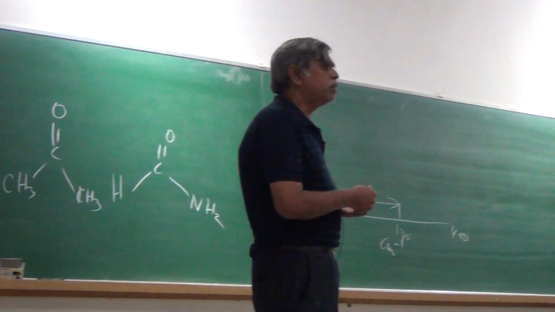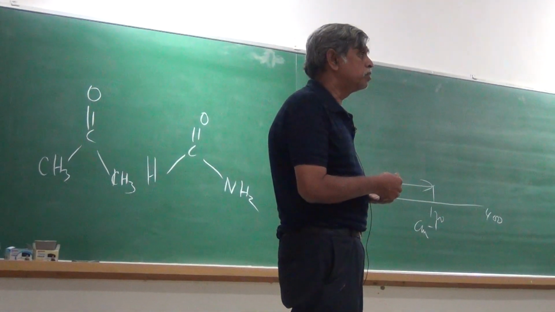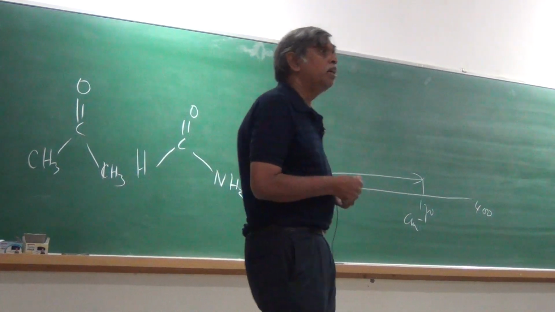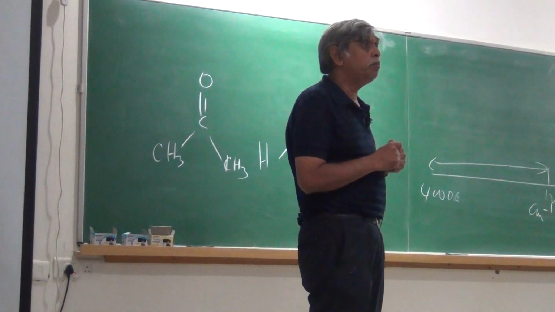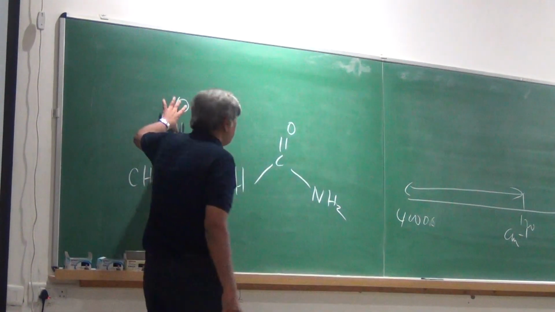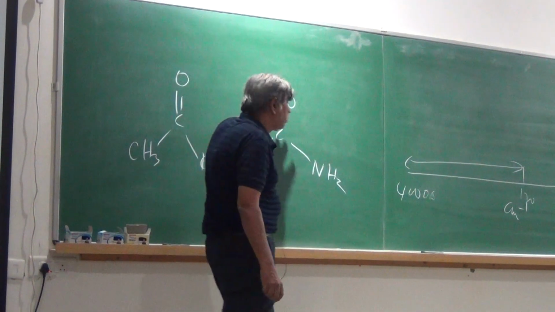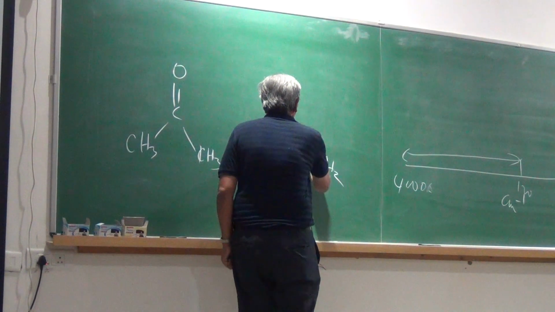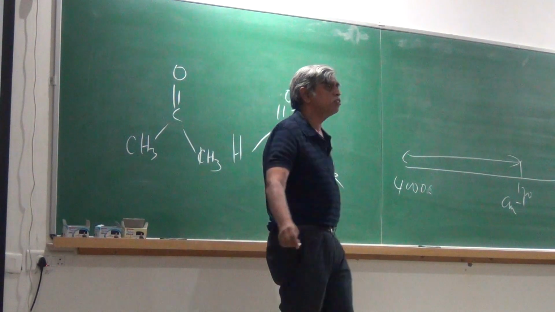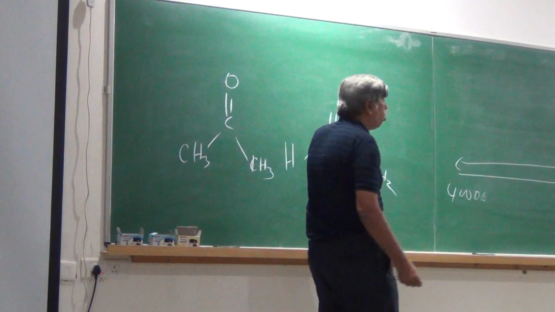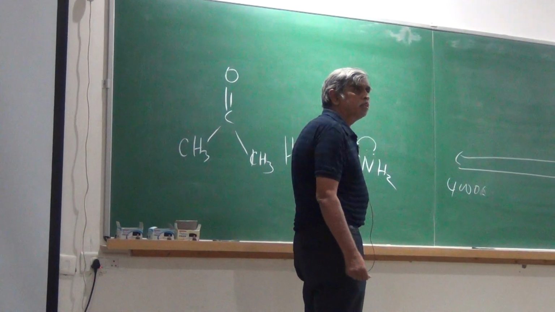And the moment I see a peak near about 1700 wave numbers, you always jump up and say, no, look, I know the molecule has a carbonyl group in that. But there will be small changes which you must be able to sort out. For example, this carbonyl group is somewhat different from this carbonyl group for a simple reason. I have this lone pair, and therefore I can have something of this sort of a resonance. And what does it do to the bond order of the carbonyl?